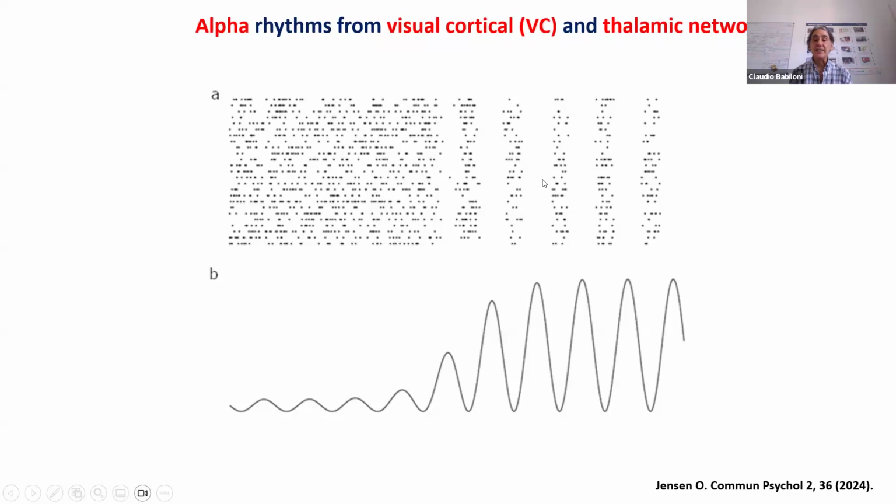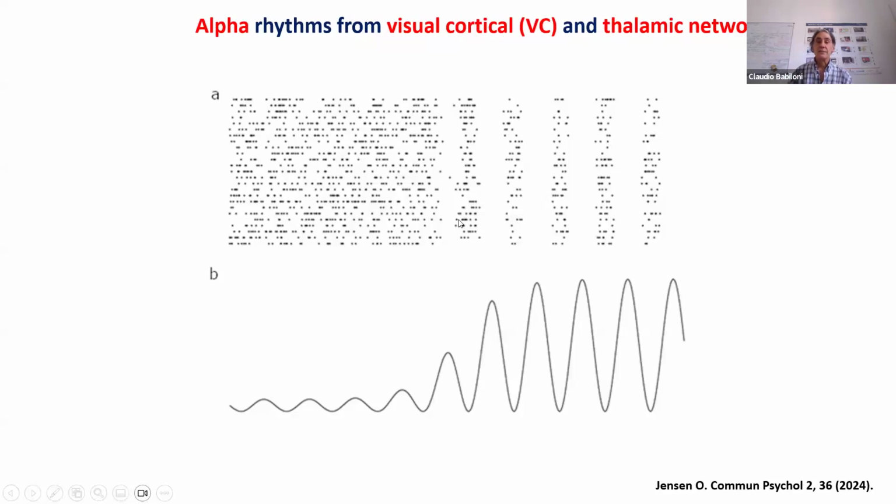So EEG activity is not a noise signal from the brain, but is strictly related to the rhythmic activity of large neural populations in cerebral cortex, especially cortical pyramidal neurons having spatially ordered main dendrites.